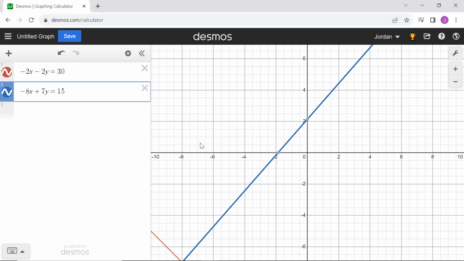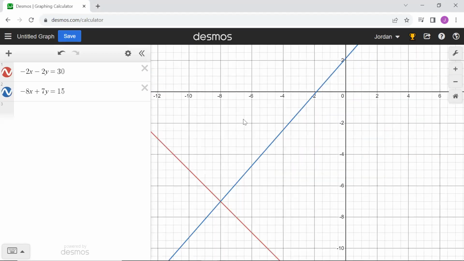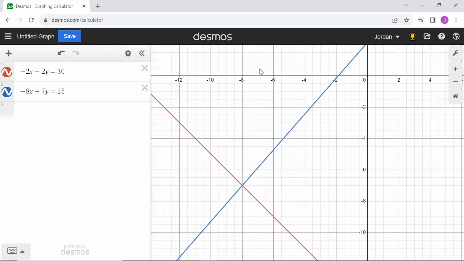I'm just using Desmos because that's fast and it has a nice interface where I can grab the graph and move it around. So you can see that these two lines cross at the point -8, -7.